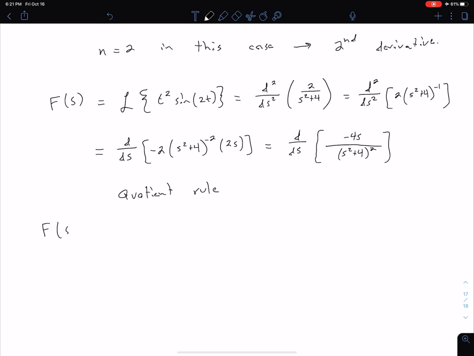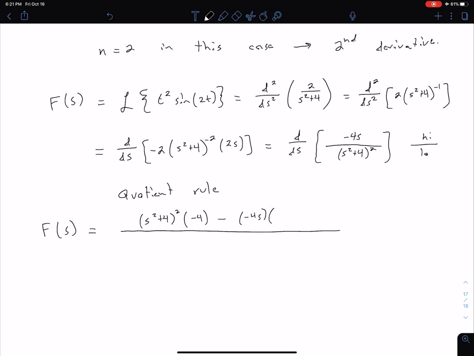From the quotient rule, this derivative is equal to low, so (s squared plus 4) squared, times d high, the derivative of high, which is -4, minus high, which is -4s, times d low, the derivative of the bottom, which is 2 times (s squared plus 4), and then from the chain rule the 2s comes out.